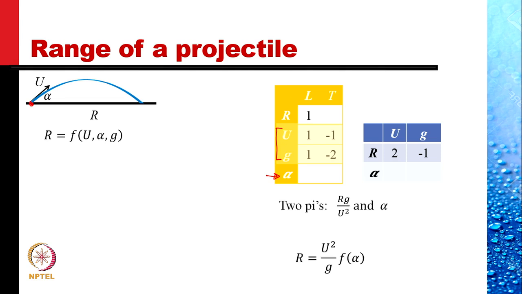And we can write R is equal to u square by g times f of alpha. We have no idea what would be this function of alpha.